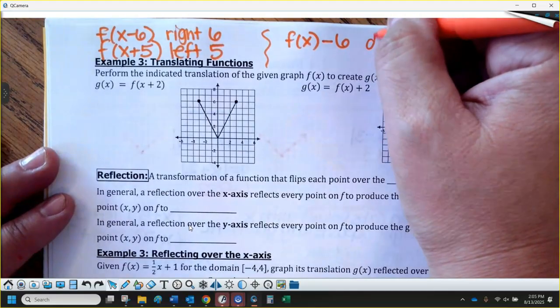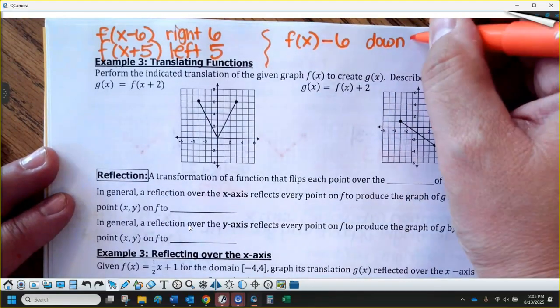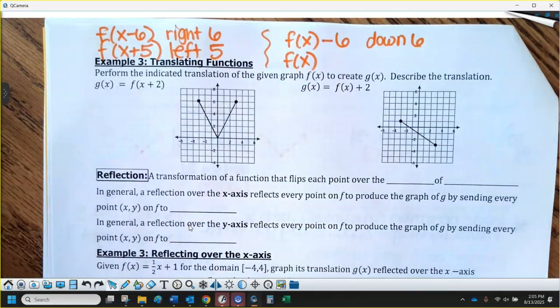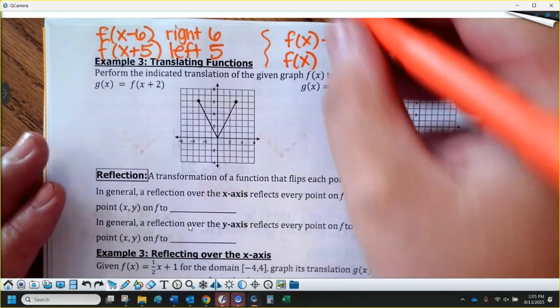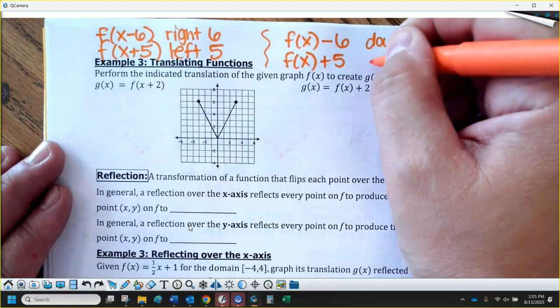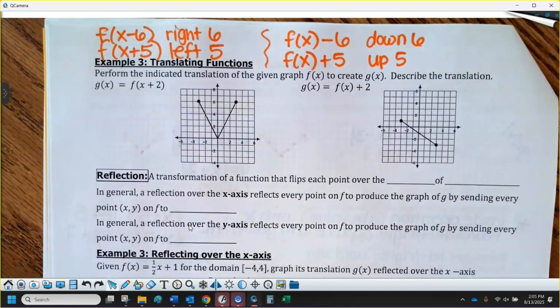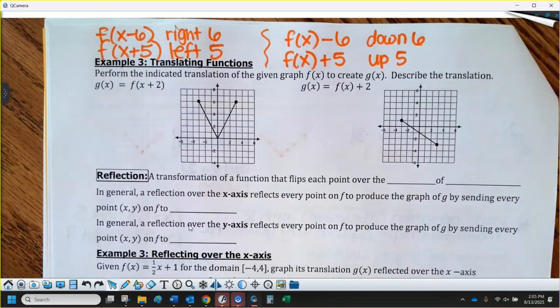That outside goes up or down the way you think. So this would go down 6 if you got this notation. If you have f of x by itself, and then outside, let's say we had plus 5, then this would actually go up 5. So inside with the x is the tricky one because it goes the opposite way that you think. Outside the parentheses, it's just up or down, just copy that number.